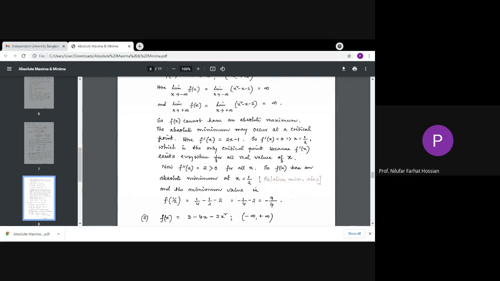There cannot be any other relative maximum or relative minimum here, because this is the only critical point. So this will give you the absolute minimum value.